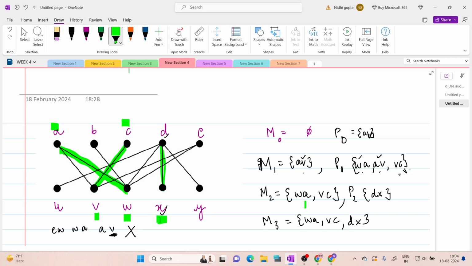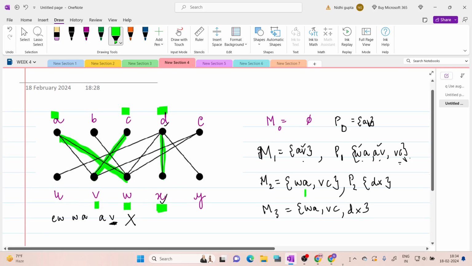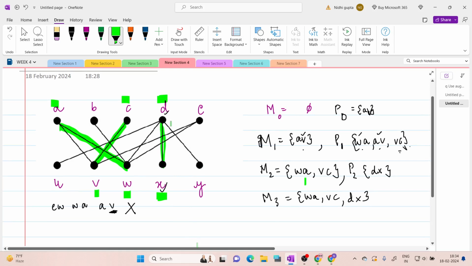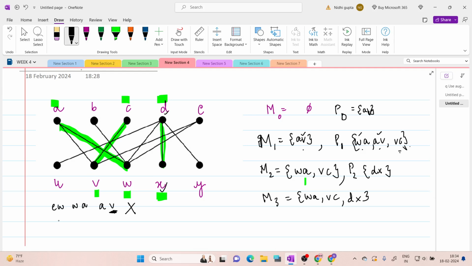And these are matched vertices. So now, do we have any augmenting path with respect to M3? YD, okay. Just YD or anything else? No, YD is not an augmenting path because it is not ending with an unmatched vertex.